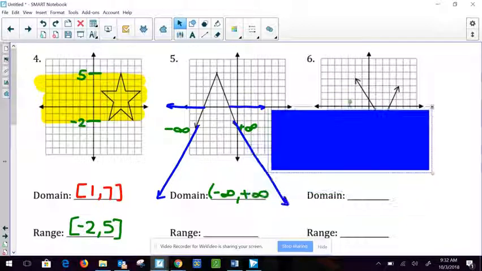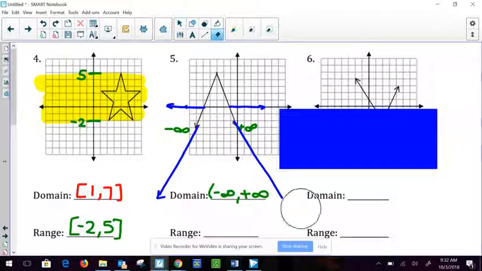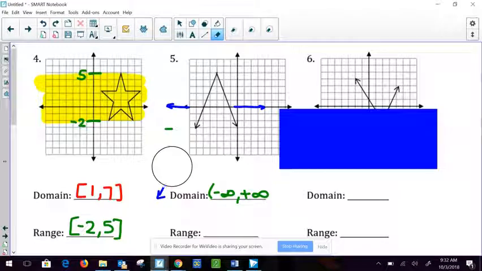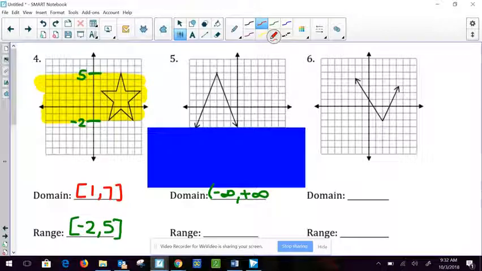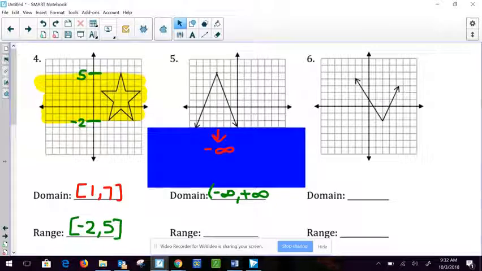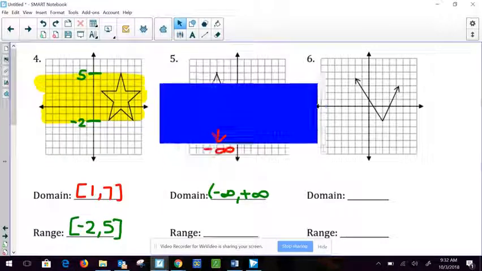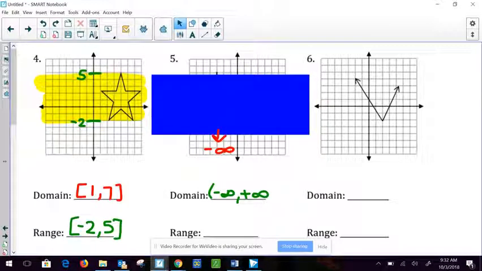the bottom part of my graph, let me erase this stuff to get it out of our way so it doesn't confuse us. So now if I look at my range part of this, where is the bottom part of my graph? Do you see how we have arrows pointing down? It doesn't matter if it's 1 arrow or 2 arrows. No matter what, the arrows are pointing down, meaning it's going to keep getting lower and lower and lower. So that is negative infinity. On the flip side, when we go to the top, there is a definite stopping point.